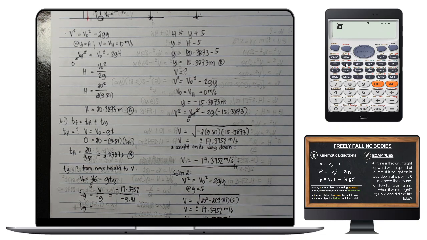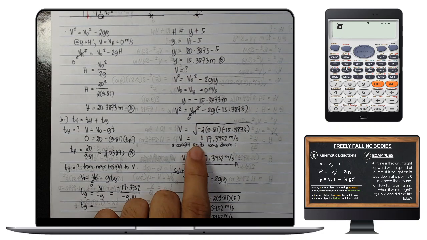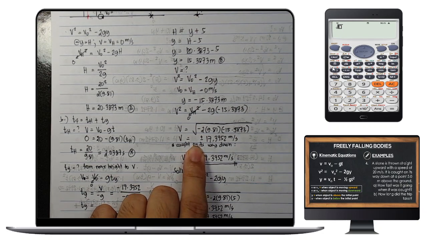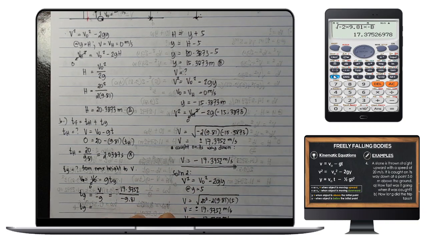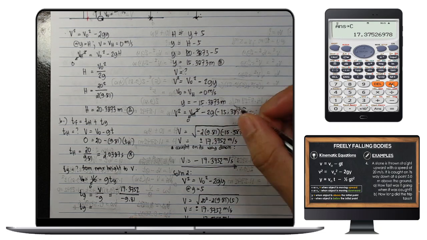That is square root of, gamitin ko na lang tong equation na to, square root of negative 2 times 9.81 times negative 15 point something. So, nakalagay siya sa B. So, negative B equals, ito yung ating velocity. Ilagay ko lang to sa, let's say, C. Ilagay ko to sa C. Yan.